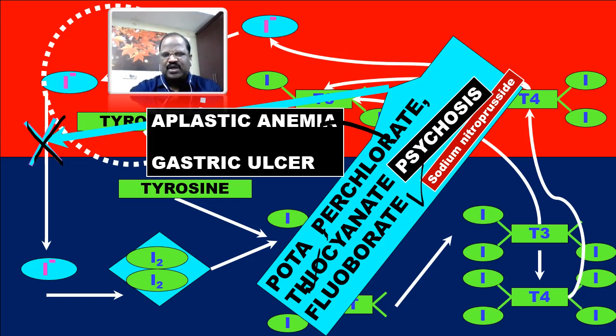But when you give nitroprusside for a prolonged period, say more than 24 hours, or if you give this drug in a renal failure patient, there may be too much accumulation of thiocyanate that may inhibit uptake of iodine, thereby risking hypothyroidism. That means you should know sodium nitroprusside carries the risk of causing hypothyroidism.